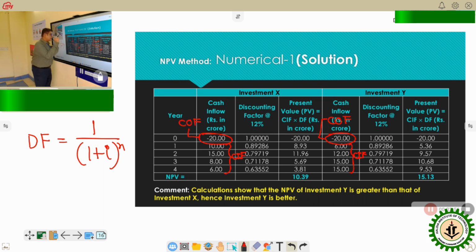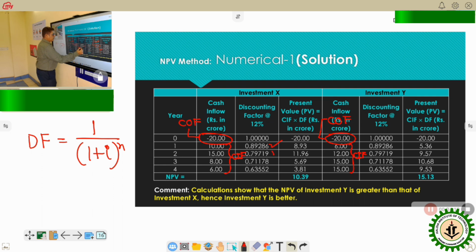After computing the discounting factor, we are multiplying with the respective cash flow. This is the discounting factor for year 1, so we are multiplying 0.89286 with 10 crore. So this gives you 8.93.